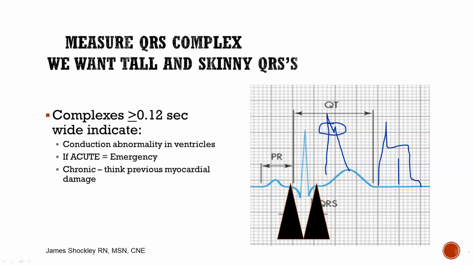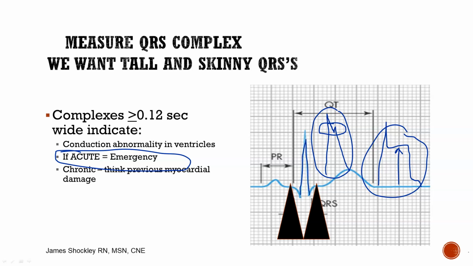You see how that ST segment is way above that isometric line. If it's acute, it's an emergency. ST elevation is always acute. So there's not a whole lot of thinking that we have to do, right? If you have this kind of change, or, now blow your mind here, normally we would have this.